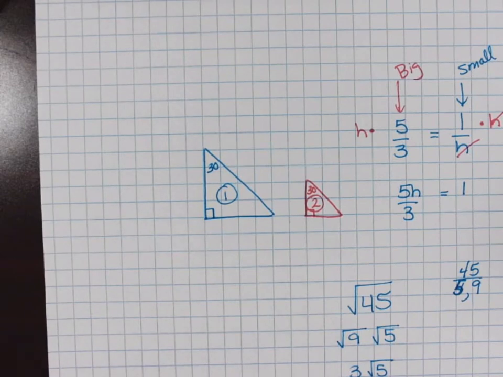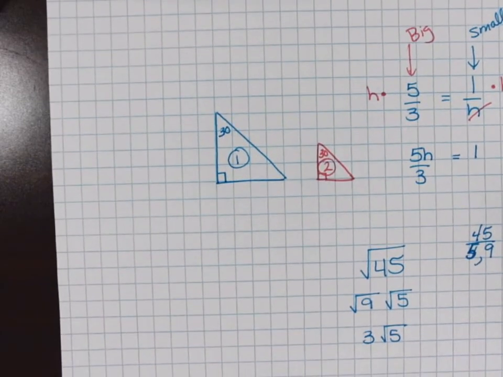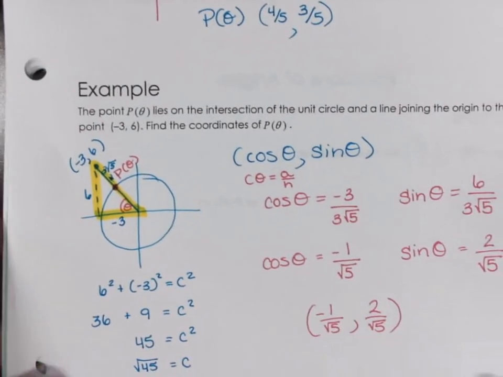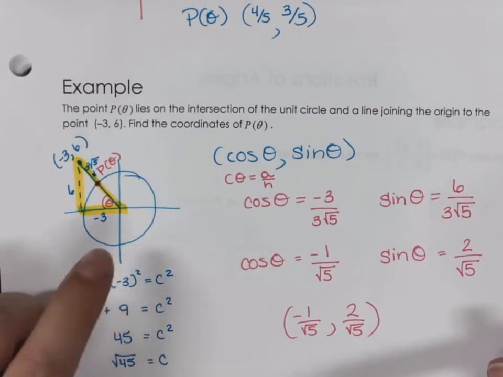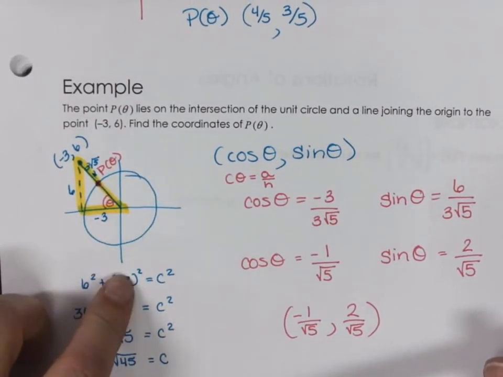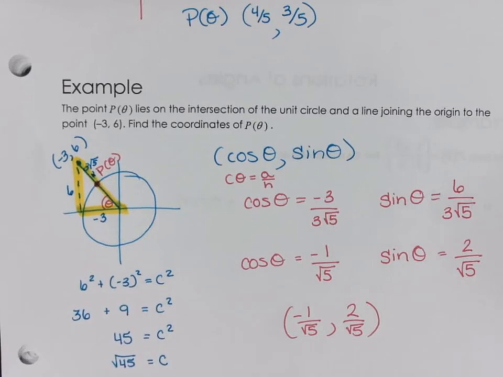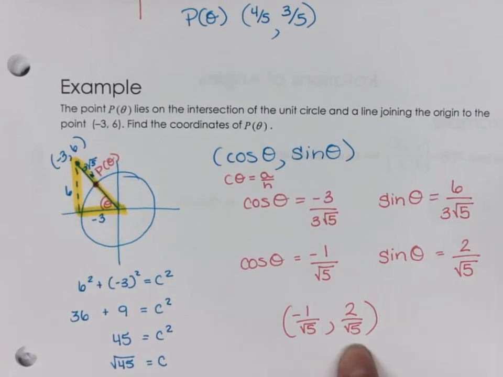Do you want me to do the first example with the cosine sine? Oh, you want me to do this one with the other method? No, we're done, that's our answer. Find the coordinates.